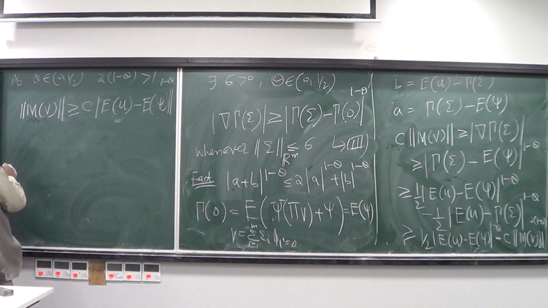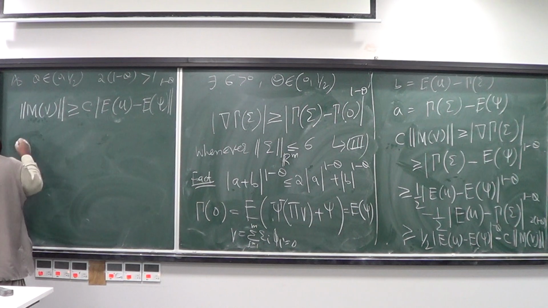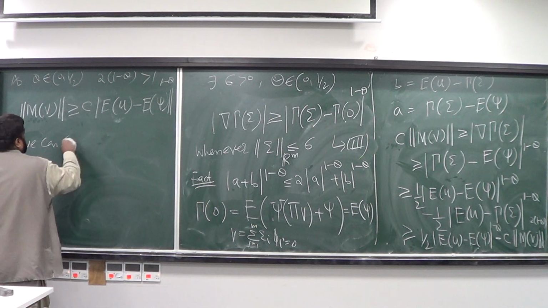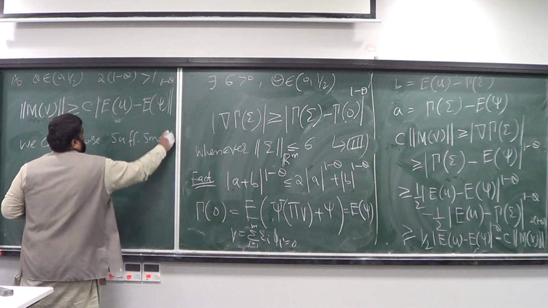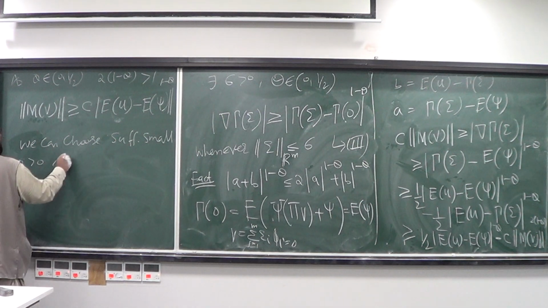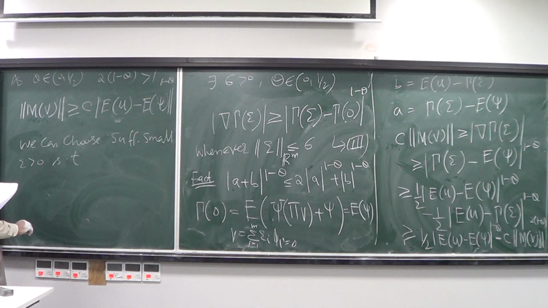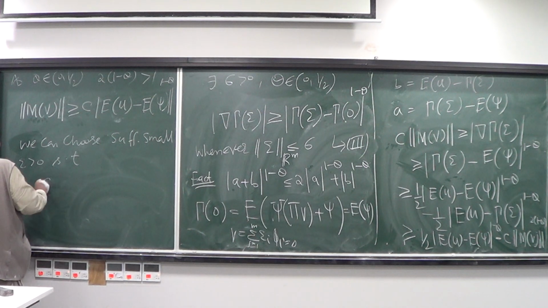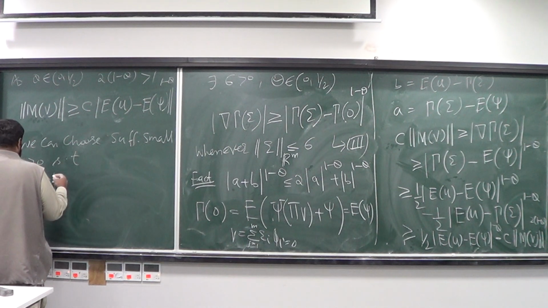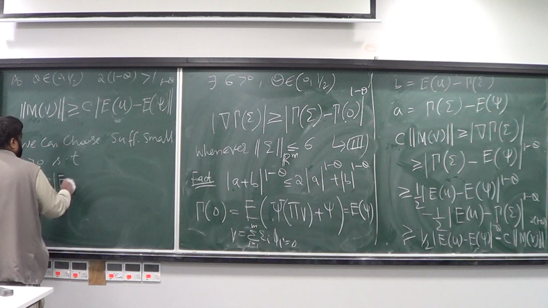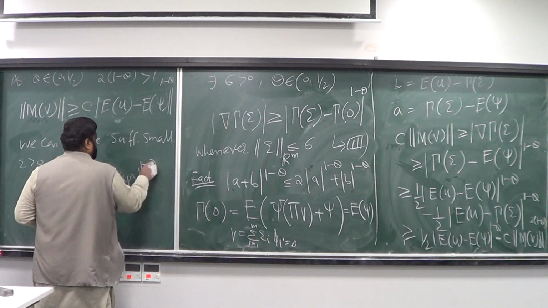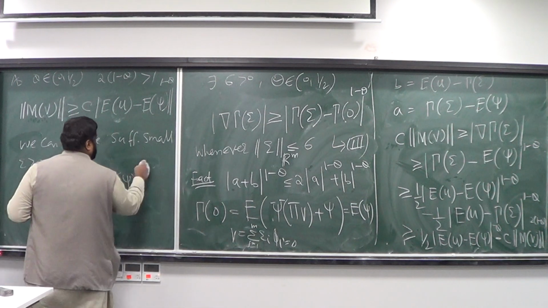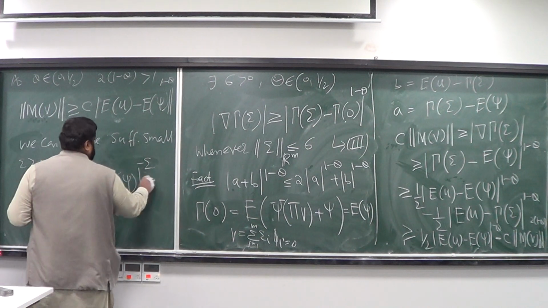What we can do is choose a sufficiently small positive epsilon such that this constant c, multiplied by E of u minus E of psi to the power minus epsilon, must be greater than or equal to 1.